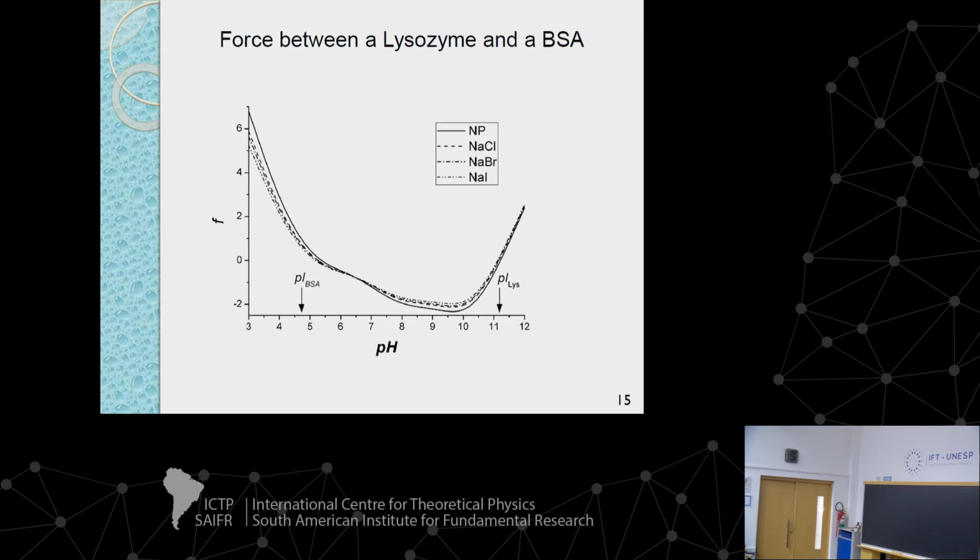So for lysozyme, it would be around 11.2, and for BSA, it's around 4.6. And when we introduce two different proteins, the inversion of the Hofmeister series that occurs here occurs in between those two isoelectric points. Okay, so we can see that we have a reversed series in this side.